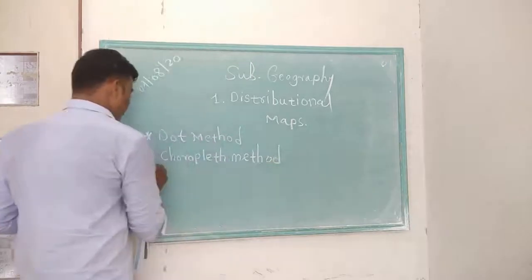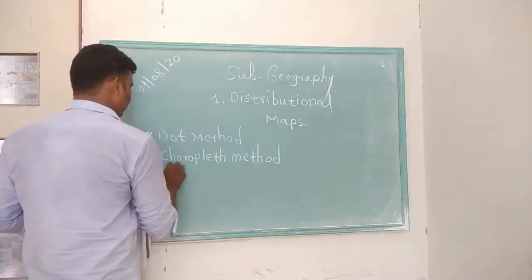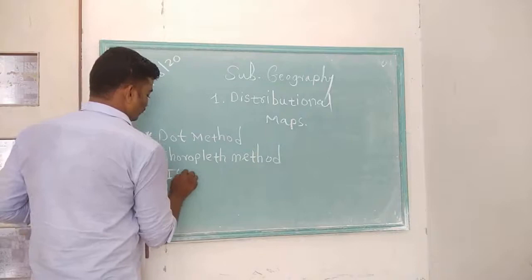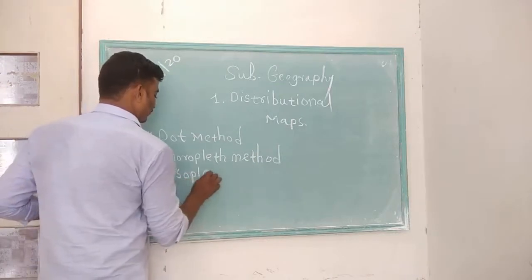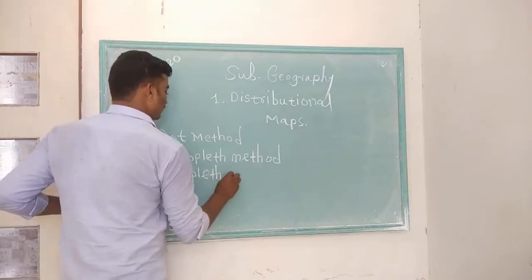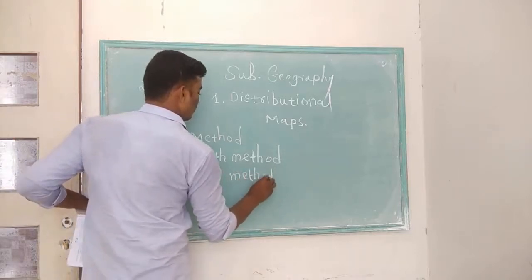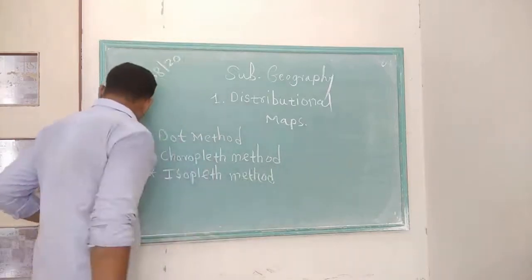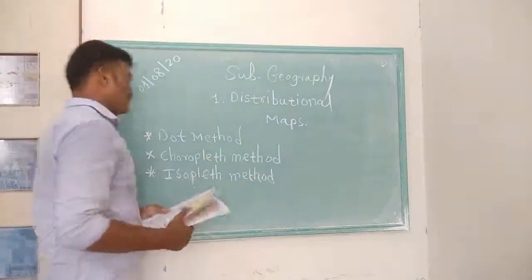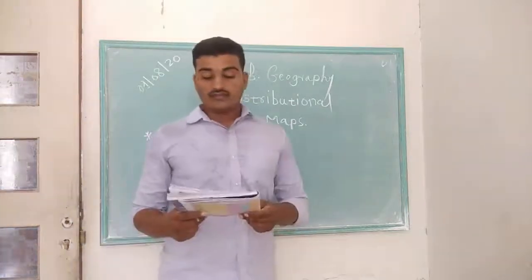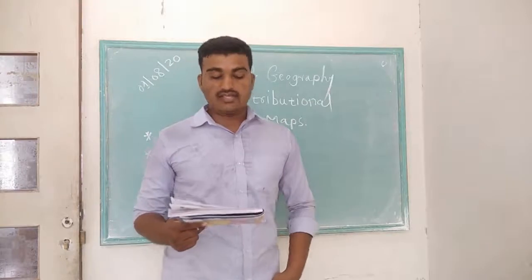And third one is the isopleth method. Here we are going to see all three methods. First one is the dot method.